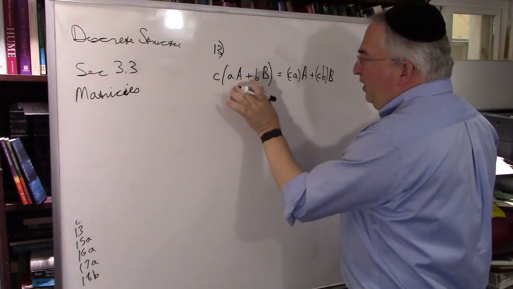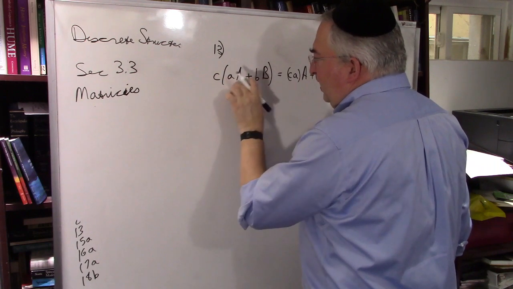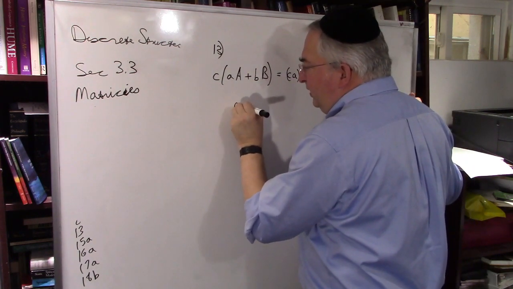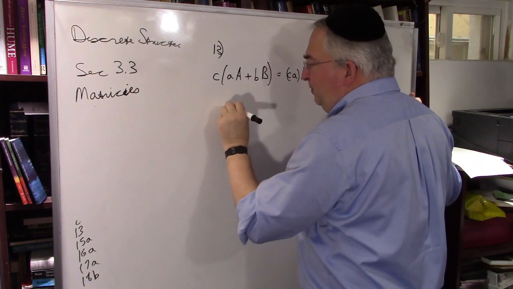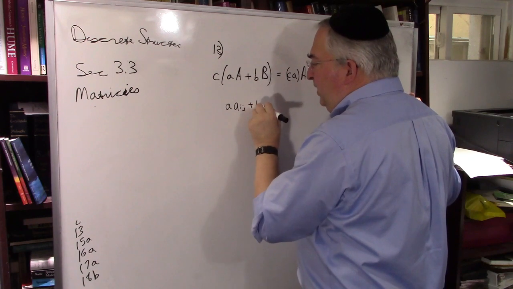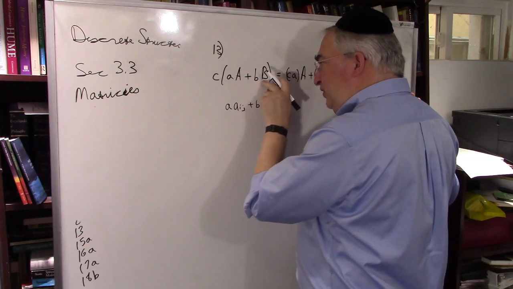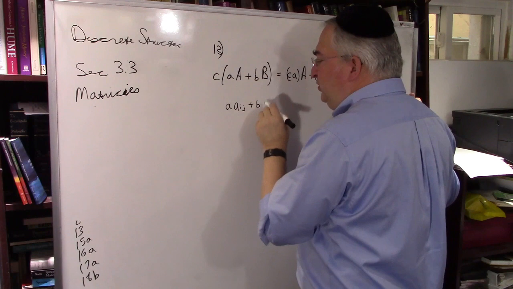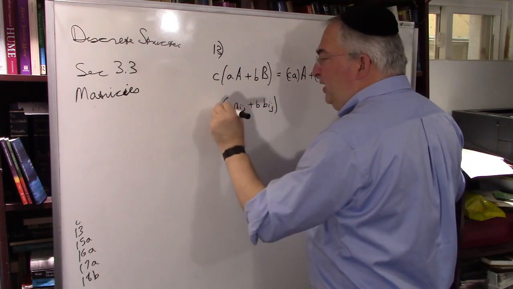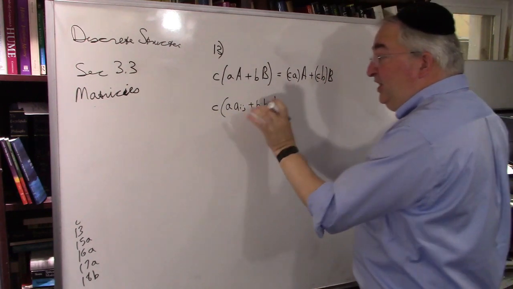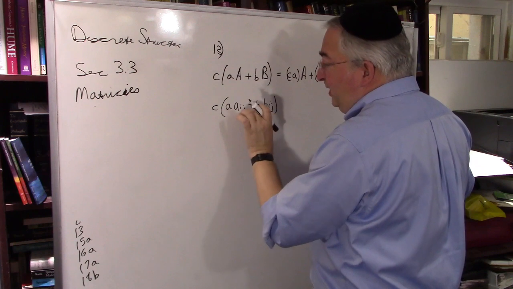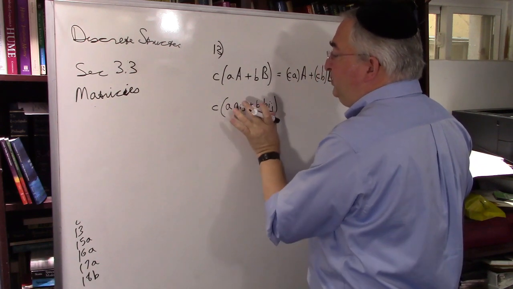Okay. Look, what's this? Each element here is going to be Aij. And you're going to multiply it by A, and you're going to add it to B, and then you're going to have a matrix. So each element of the matrix is going to be Bij. And you're going to multiply that by C. Now, I'm talking about one element of the matrix. The ijth element of the matrix is going to be this.